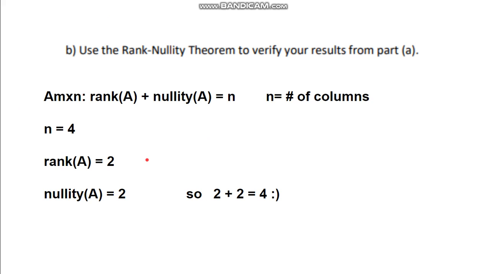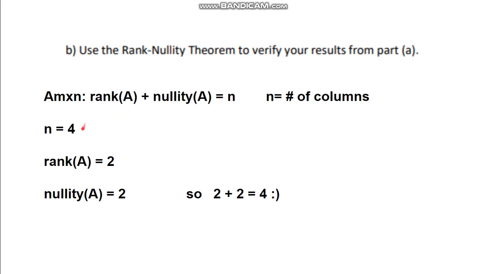Now, the reason for finding the rank and the nullity is that it helps us with the rank nullity theorem. The theorem states, given a matrix A, the rank of it plus the nullity is equal to n, and n is the number of columns.